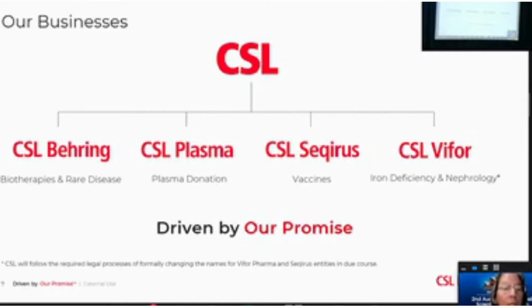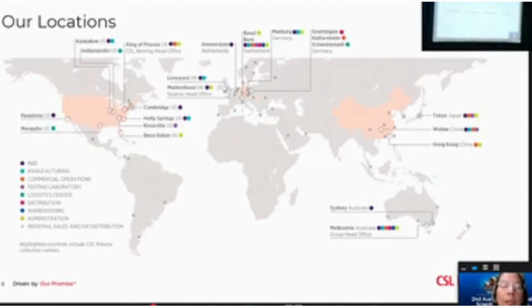I work for CSL Behring, which is one of the 4 subsidiaries. CSL Plasma collects the plasma that we use to make our plasma-derived products. CSL Seqirus is our vaccine company, and CSL Vifor is a newly acquired subsidiary specializing in iron deficiency and nephrology. I work in King of Prussia, Pennsylvania in the United States, which is our national headquarters, but our international headquarters is in Melbourne, Australia.